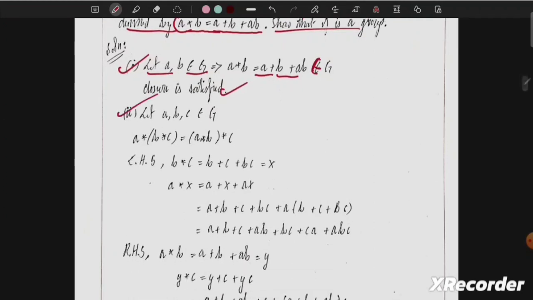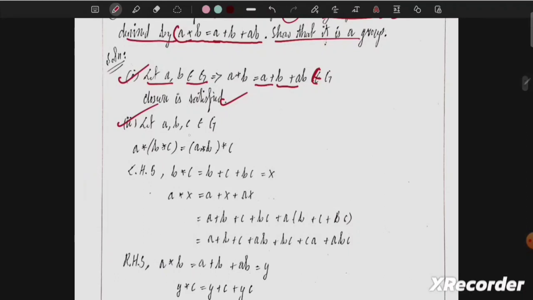The next one is the associative property. We have let A, B, C belong to G. We have to prove this associative condition.